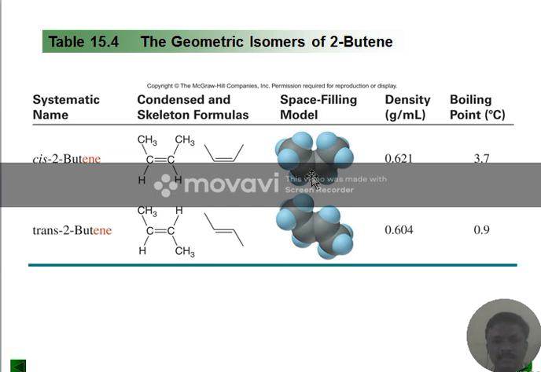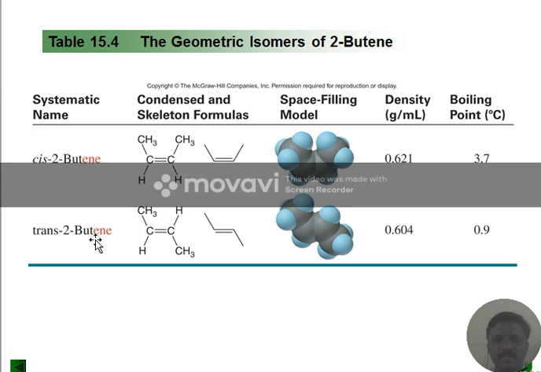You have to observe the space between the carbon and the hydrogen, which are on a similar side. In the space filling model of trans-2-butene, they are far away from each other.